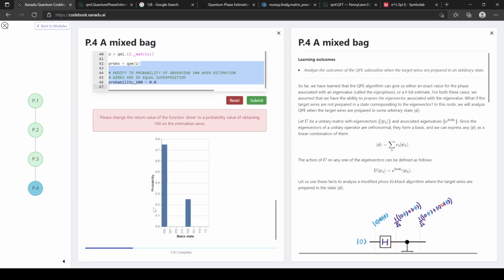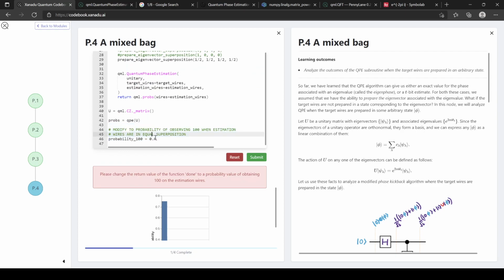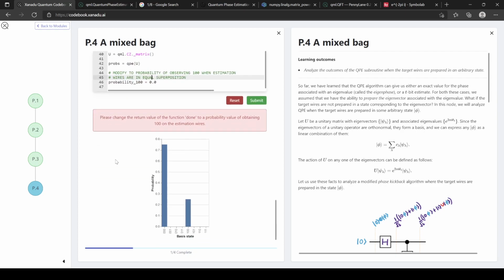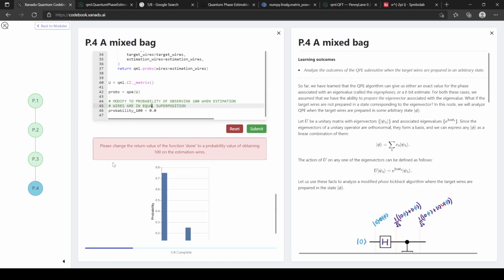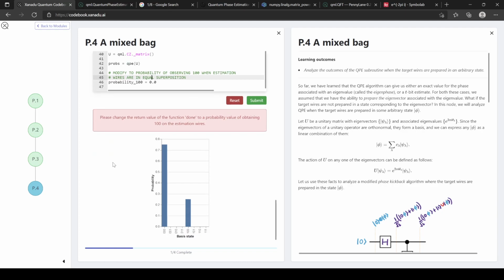Wow. Look at that. Probability of 0 is 0.75.